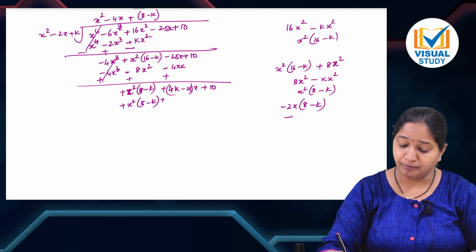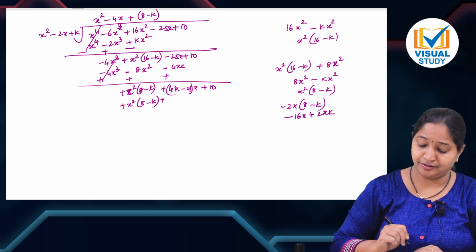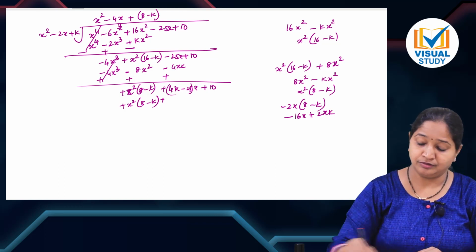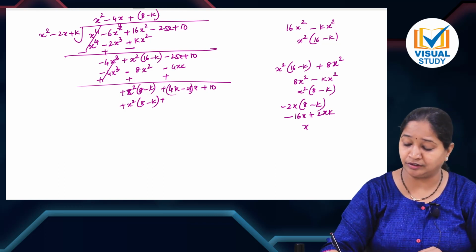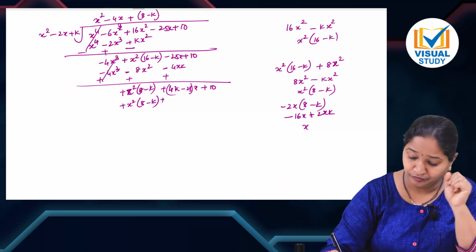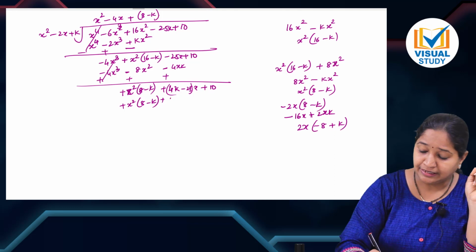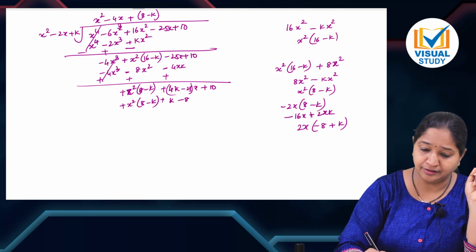What you get is minus 16x plus 2xk. 2x is common and minus 8 plus k, so I will write k minus 8.